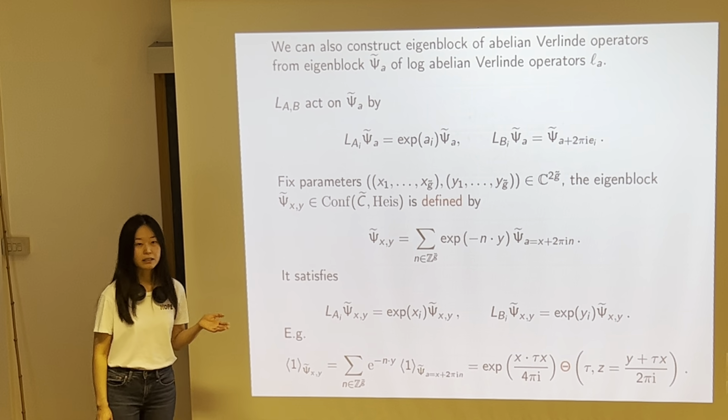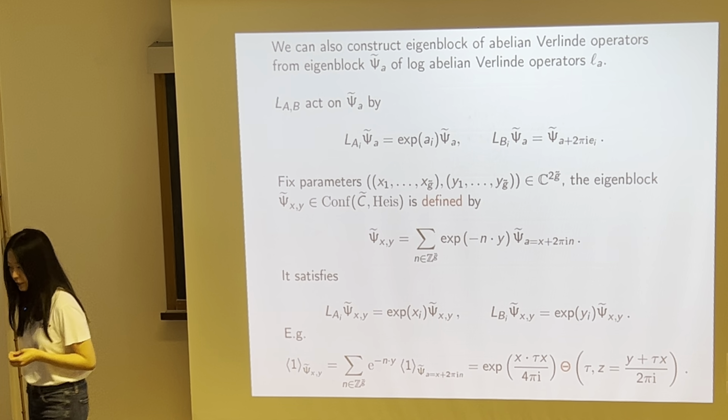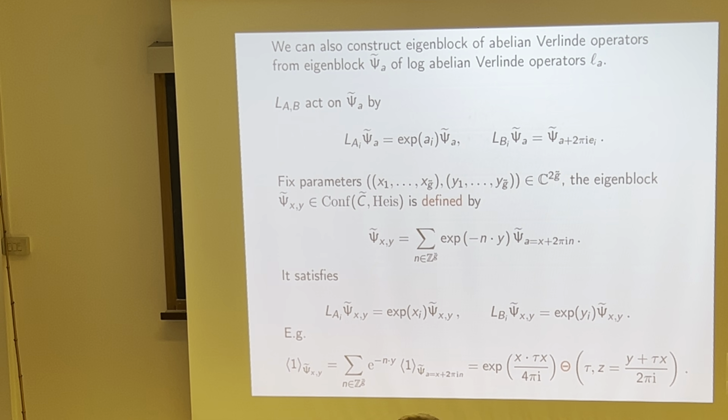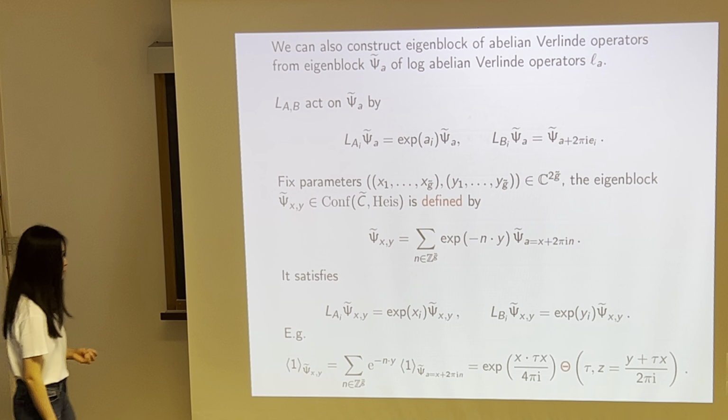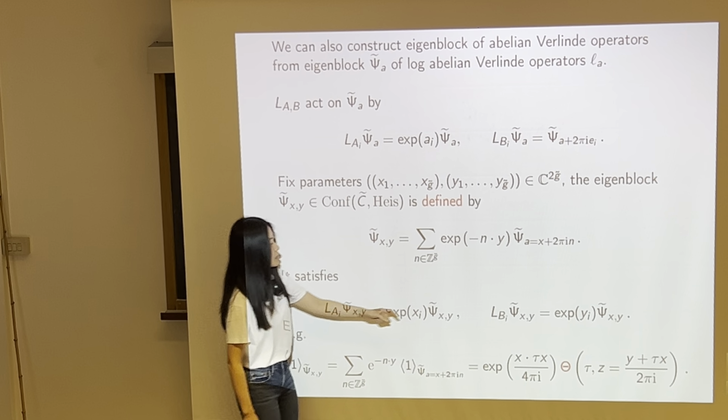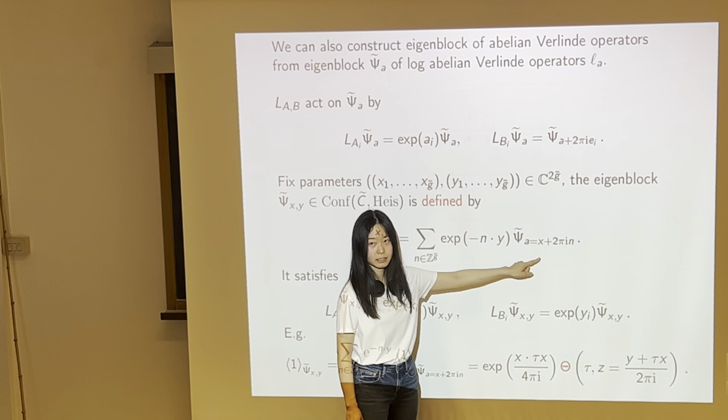So when you take the exponential of it, you arrive at a difference operator. Now an eigenblock of the capital L A B can be defined by first fixing some parameters x1 to xj tilde and y1 to yj tilde, and taking this infinite sum over the integer lattice. Here what appears is just psi tilde A with A replaced by x plus 2 pi i n, and here you have a factor e to the minus n y.